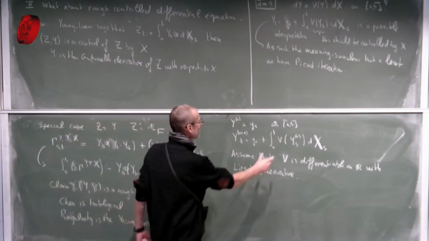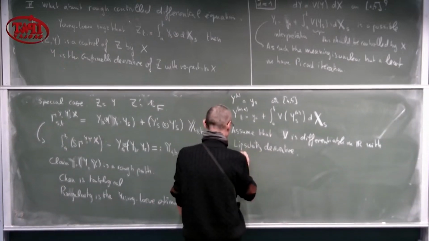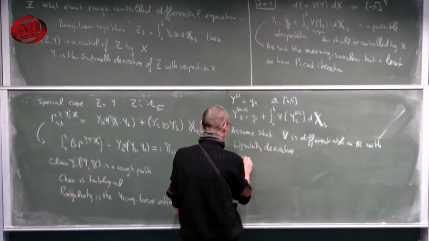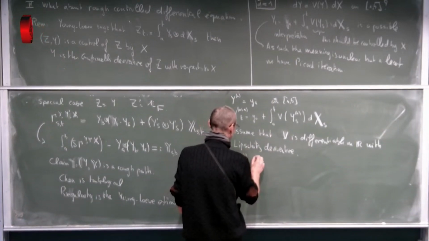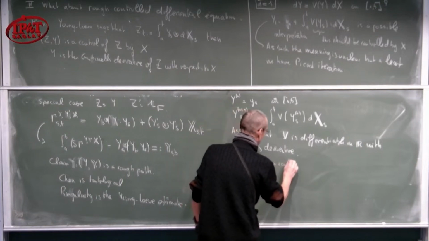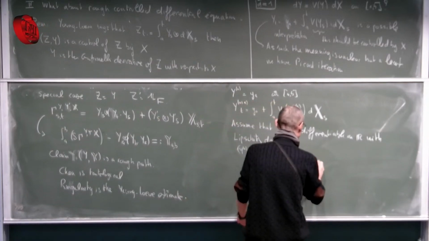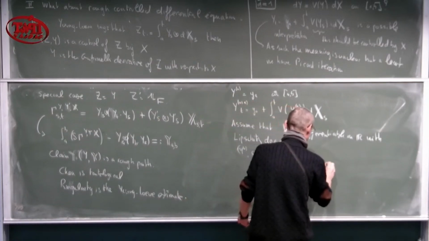Imagine that, first of all, y_0 with y_0 prime equal to 0 is a control of y_0 by x.